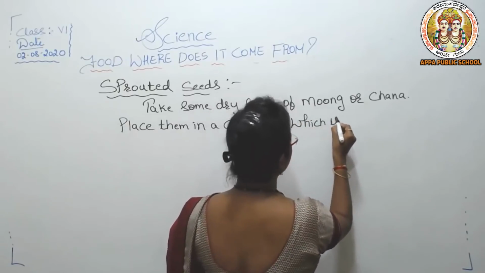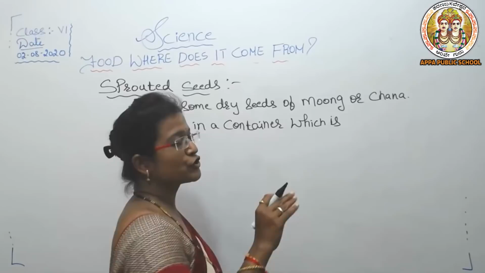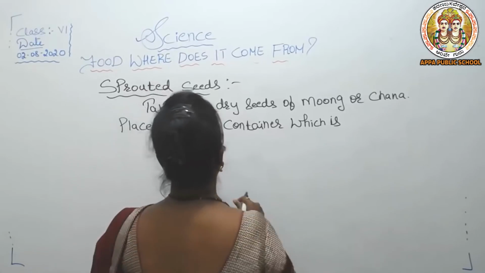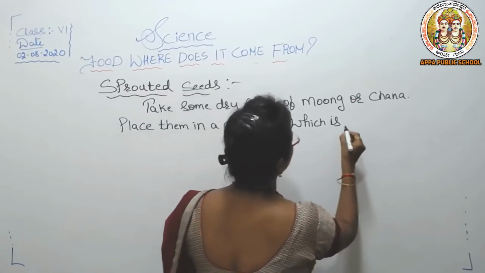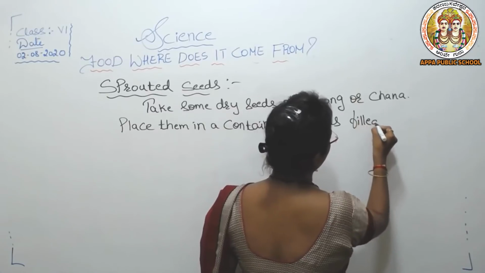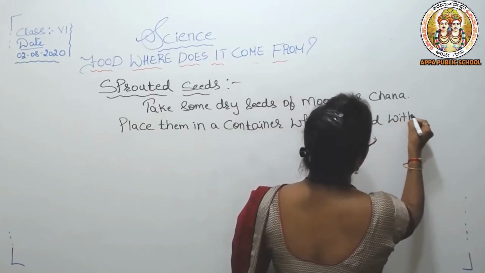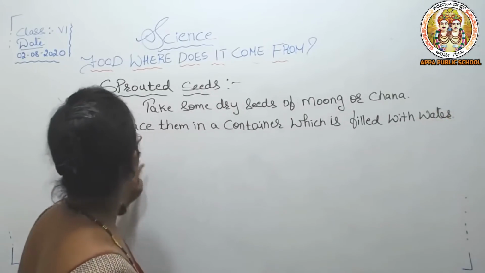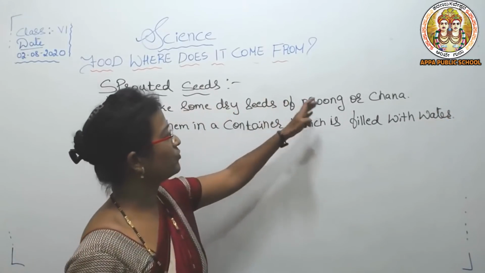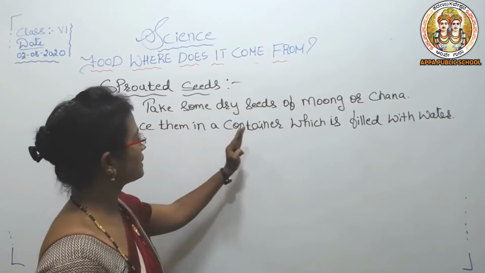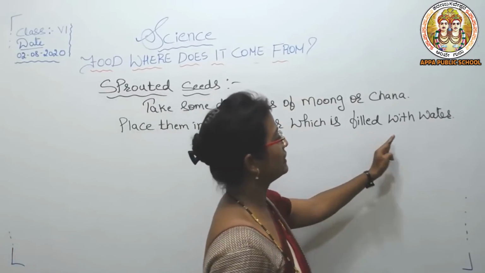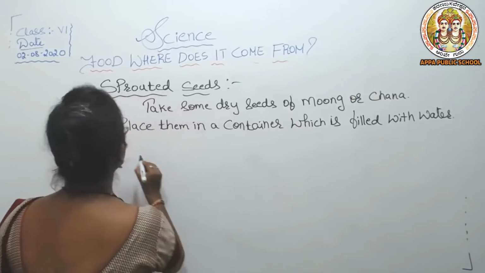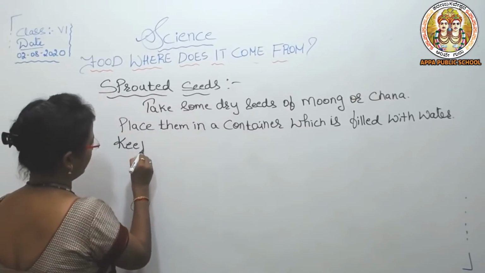You should keep in your mind that the container should be filled with water. So what you did: take some dry seeds of moong or chana, place them in a container filled with water, and keep it aside for a day.